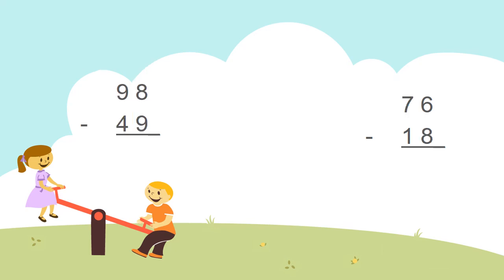Let's do these two. 98 minus 49. Start with the ones. 8 minus 9. 8 is smaller than 9. I can't take away 9 from the 8. So I'm going to take 1 from the tens. The tens became 8.